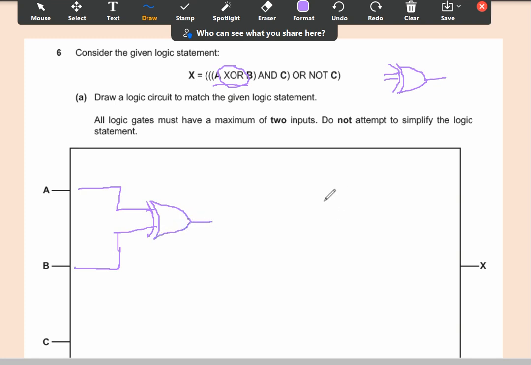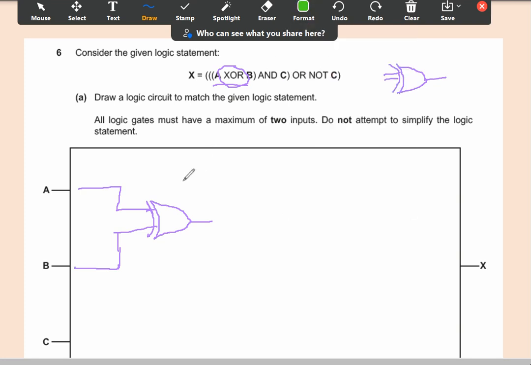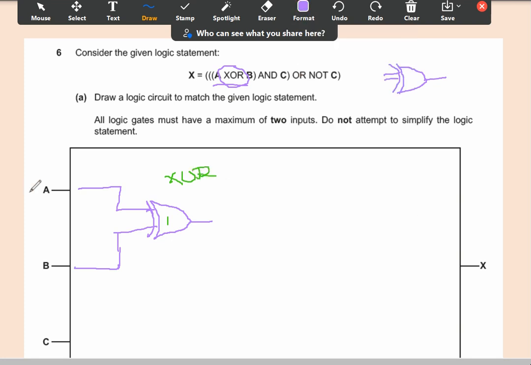Okay, that's it. This is now your very first gate, which is the XOR gate.